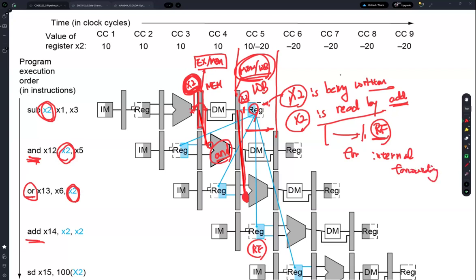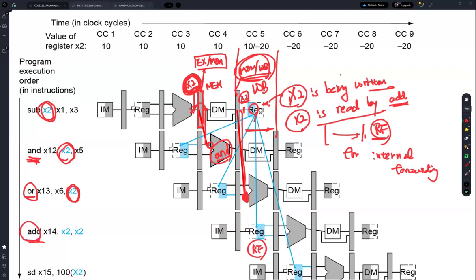So this is called internal forwarding. It means that when a register write and a register read are performed in the same cycle, the data can be forwarded to the read-out port of the register file. So this is the internal forwarding.